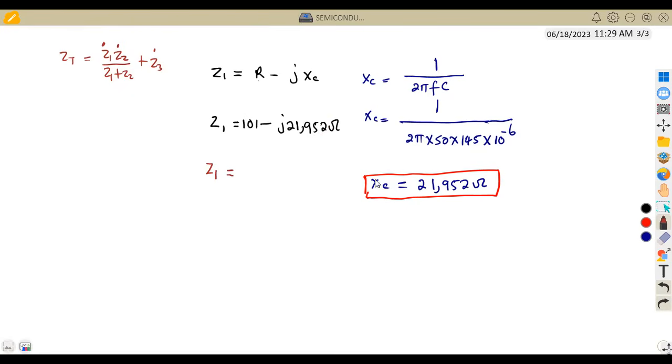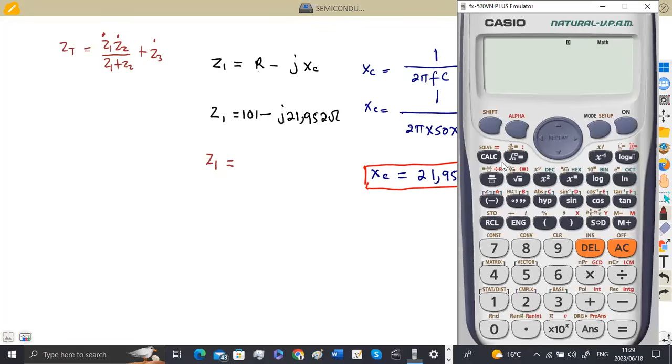All right, in polar form, we can simply use our calculator. So let me show you how we can use our calculator here. This is what you're going to have from your calculator. You want to change to polar form. On your calculator, you're going to use shift, then the polar function, which is written as a plus here.